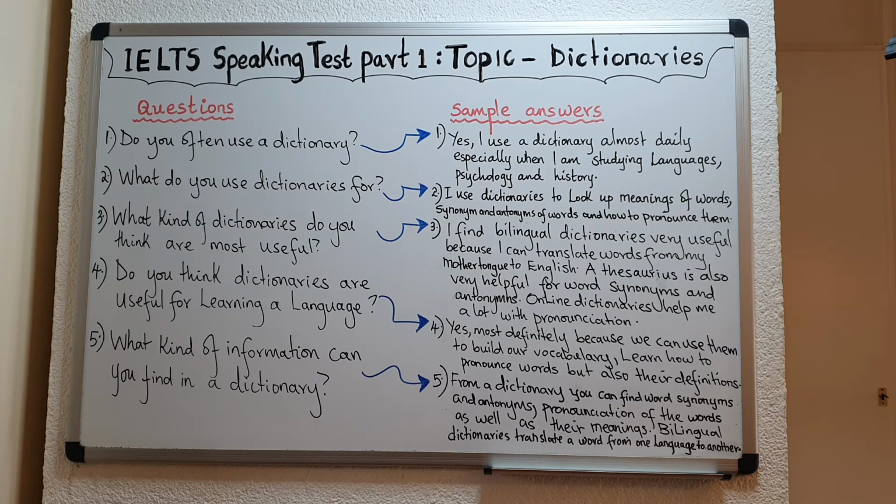Remember, for your IELTS speaking test, the examiner expects you to use a variety of sentence structures. He or she expects you to use simple sentences, compound sentences, and complex sentences. If you're not familiar with those types of sentences, then feel free to have a look at my playlist on grammar.